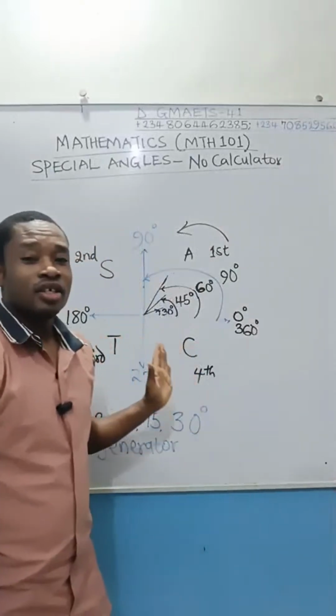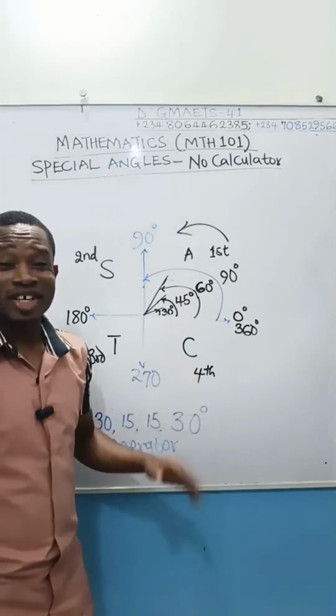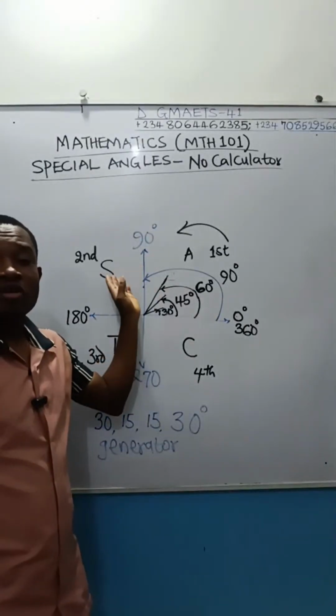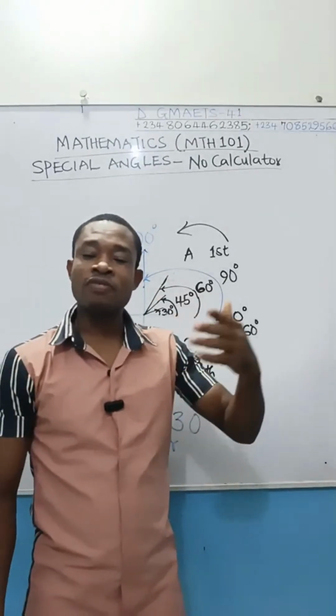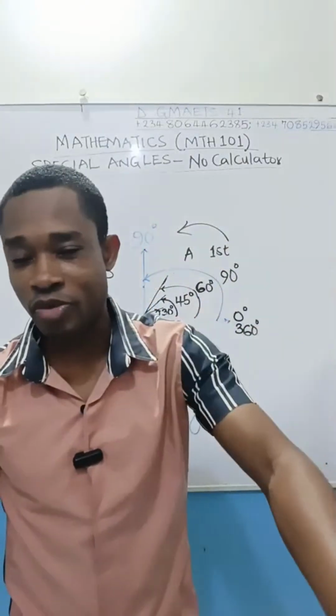And my dear friends, as you have learned how to generate your special angles, you see, we are at this point now. To generate the next special angle, you still repeat this: 30, 15, 15, 30. Can you join the chorus from your end there?